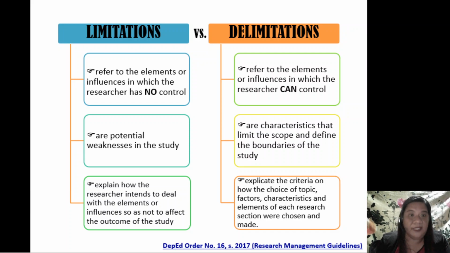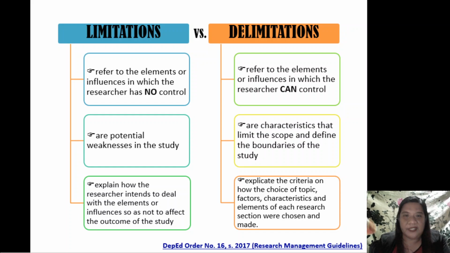Delimitations explain how the researcher intends to deal with the elements or influences so as not to affect the outcome or the result of your study. And the delimitations explicate the criteria, standards, or measures on how you choose the topic, factors, characteristics, elements of each research section.